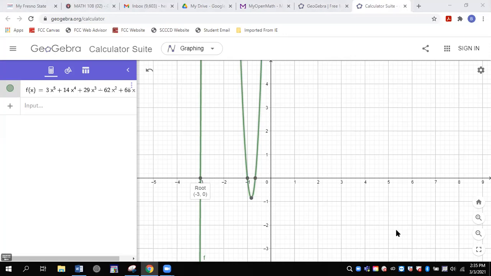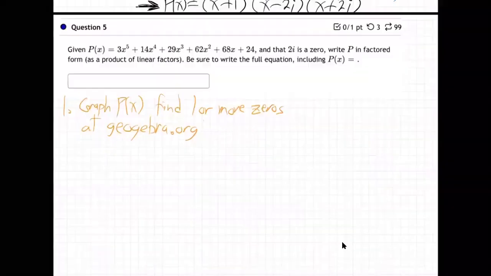Let's go do that. All right. So -3 and -1. So I found those zeros. X equals -3 and x equals -1.